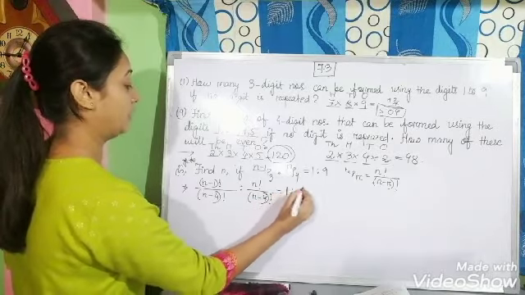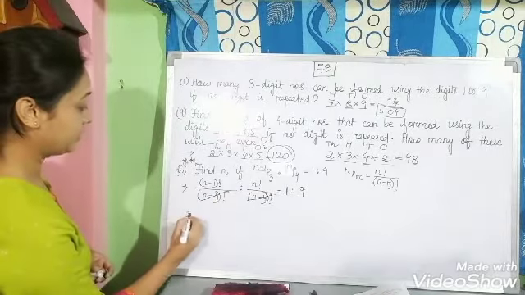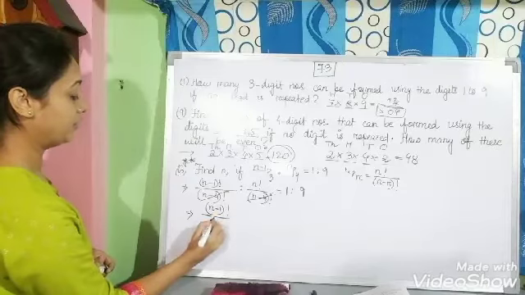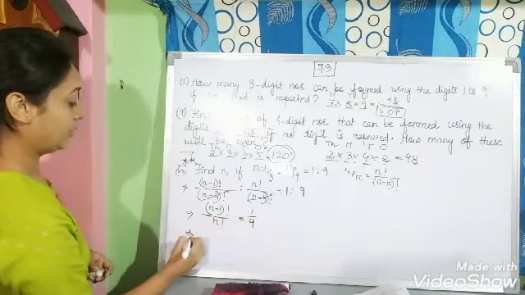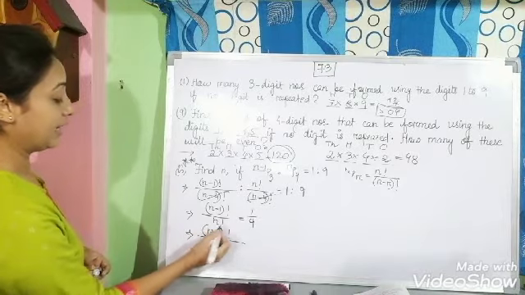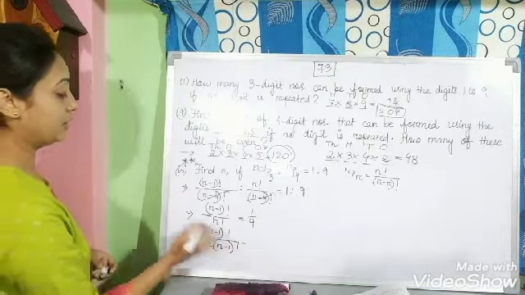equals to 1 is to 9. (n minus 4) factorial will get cancelled. Hence you will get (n minus 1) factorial divided by n factorial is equal to 1 by 9. Now (n minus 1) factorial we will write as it is, and n factorial can be written as n into (n minus 1) factorial.